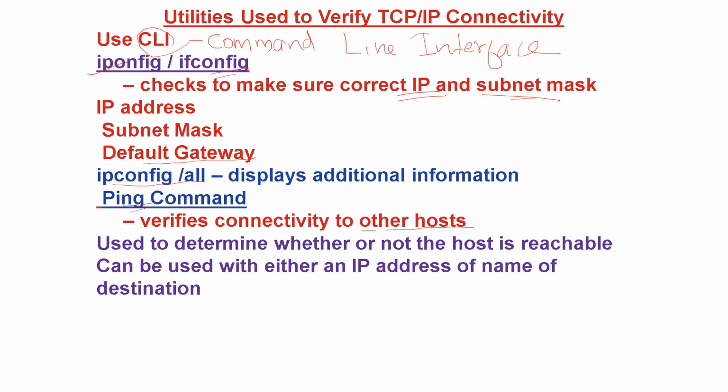This will generate some TTL packets, sending the packet to the connected host. If the connected host replies within a particular time period, then we can ensure that the host is connected in the network. Otherwise, the host is not inside the network.